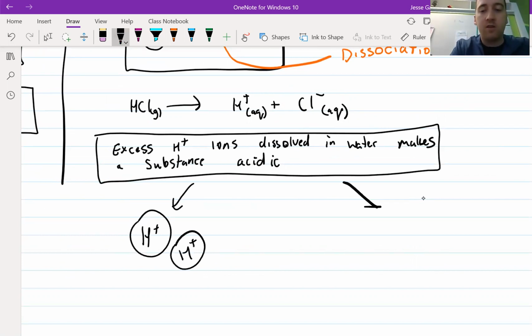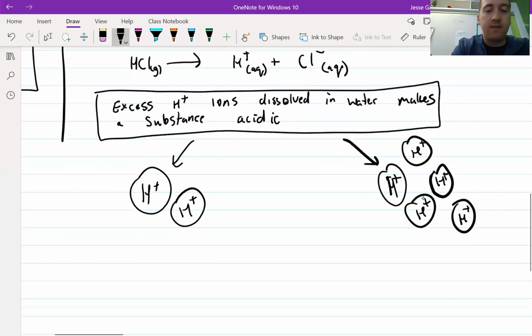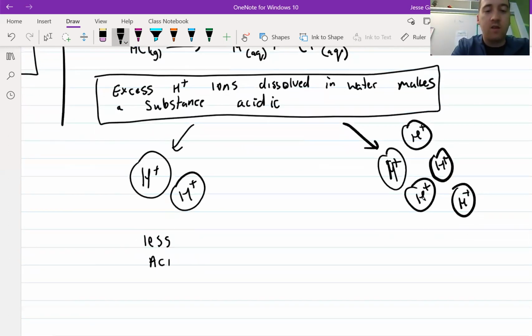And some give a lot more H plus ions. We would say this one is less acidic. This one is more acidic. So it's the level of H plus ions in the water that makes it more acidic or less acidic.